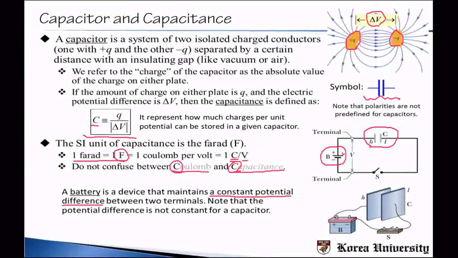If you have any given capacitor, the fixed number is this capacitance. The capacitance shows you how good this capacitor is. Since C is a constant, now Q and delta V may change, which means that the electric potential is no longer constant for capacitors. So that is the difference between a battery and a capacitor.